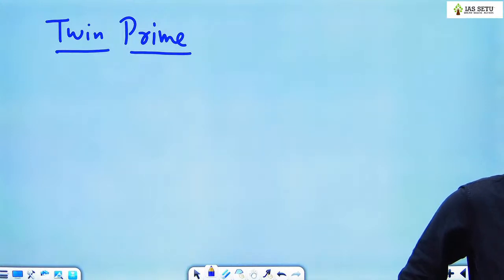Gap is 2. लिख लो twin prime की definition. Two consecutive prime numbers. What are twin primes? Two consecutive prime numbers with a difference of exactly 2. Two consecutive prime numbers जहां पे exact 2 का difference हो are called twin primes.